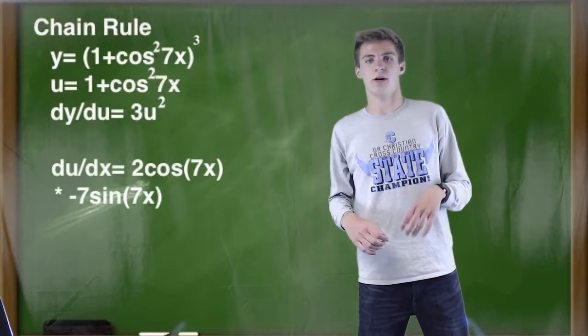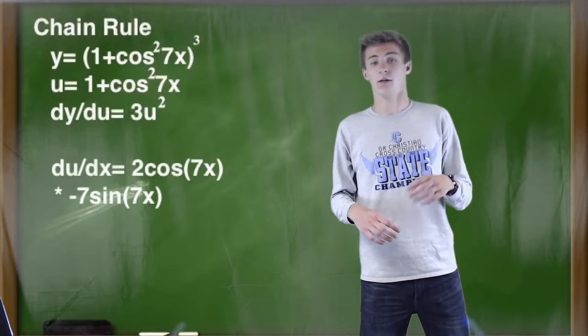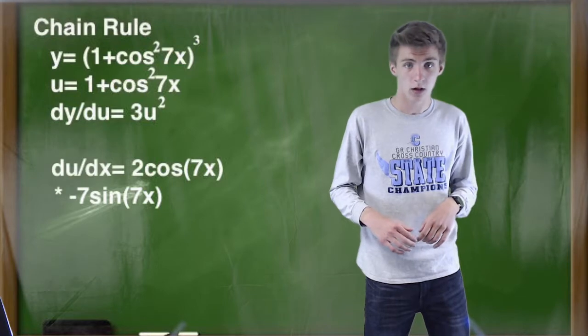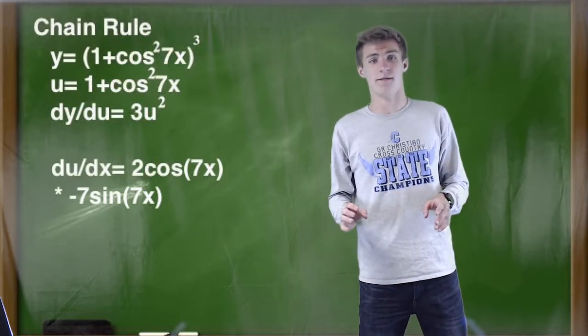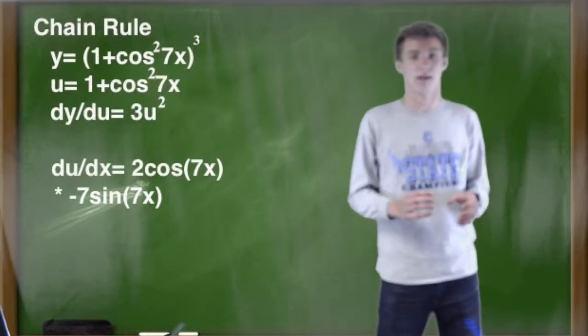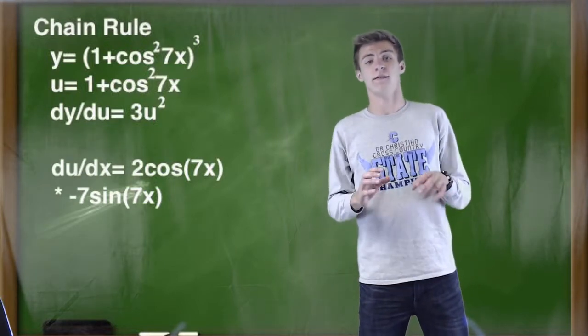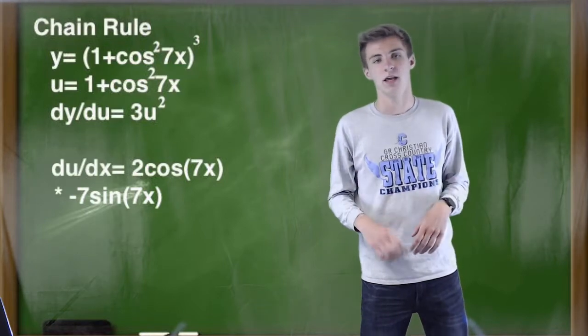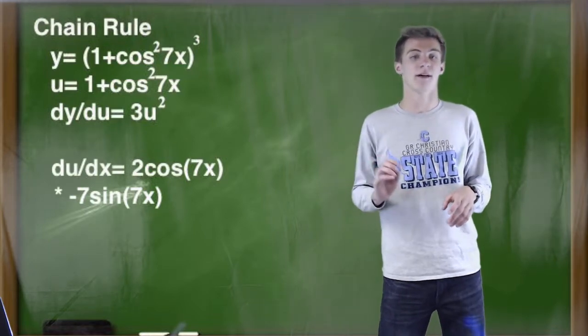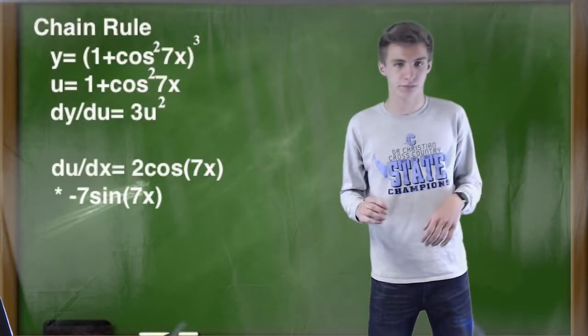Set away the first part and work on d/dx of cosine 7x. Cosine is the outside function, so we take the derivative of the outside function, keeping the inside function the same, to get negative sine 7x, and multiply that by the derivative of the inside, which is 7. This leaves us with negative 7 sine of 7x.